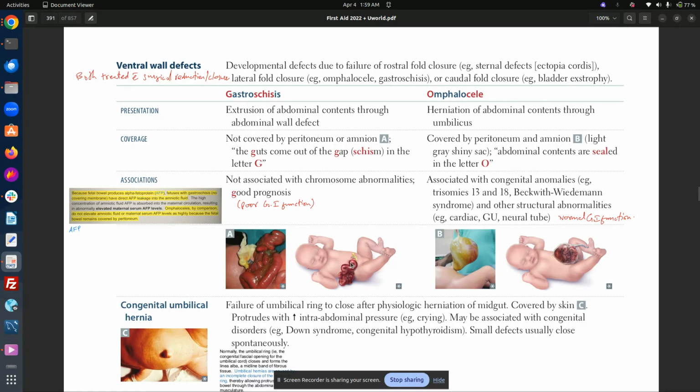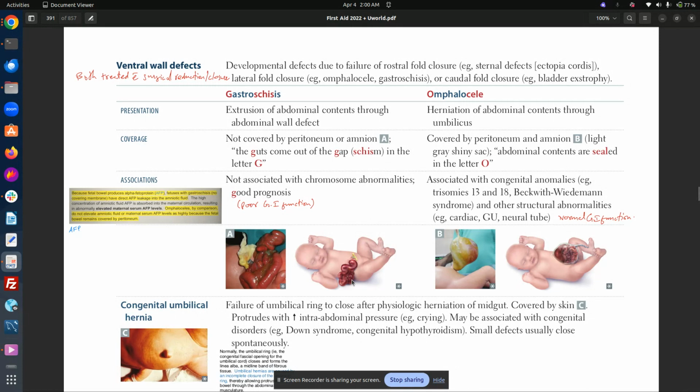One very important thing in this defect is that the abdominal contents are not covered with peritoneum or amnion. Okay, the eviscerated bowel is not covered by any membrane. Okay, and this condition is not associated with any chromosome abnormalities.